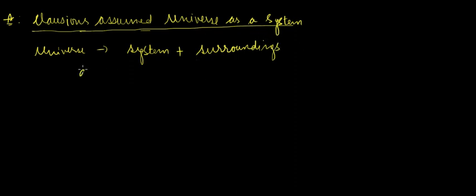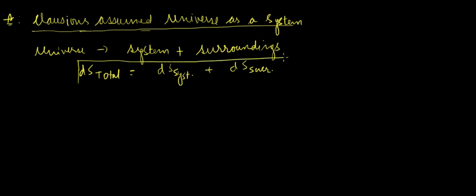Okay, and dS total can be written as dS of system plus dS of surroundings, and we can write that dS total would be greater than or equal to 0. So if delta S system plus delta S surroundings is less than 0, then it's an impossible process.